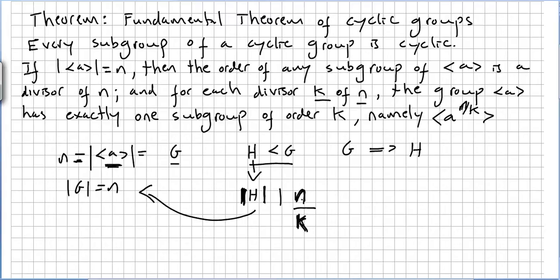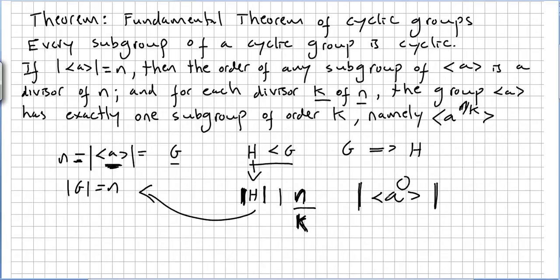So for each divisor k of n, this group has a subgroup of order k. I'll say what the power is here.